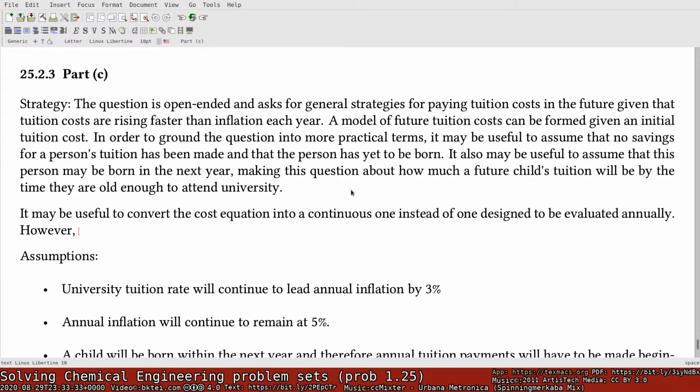However, to simplify the solution, a 4-year piecewise summation of costs will be used.